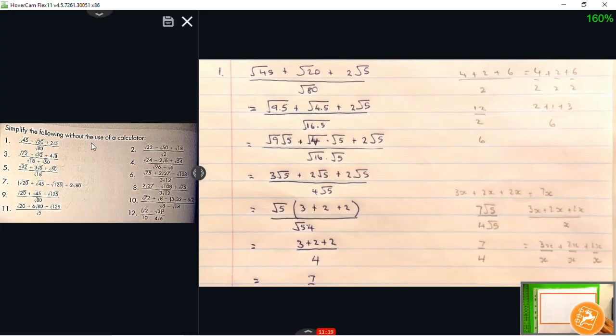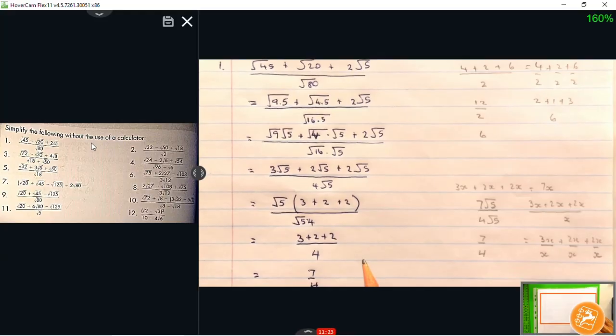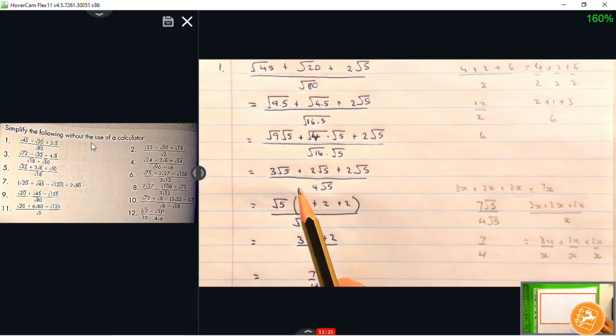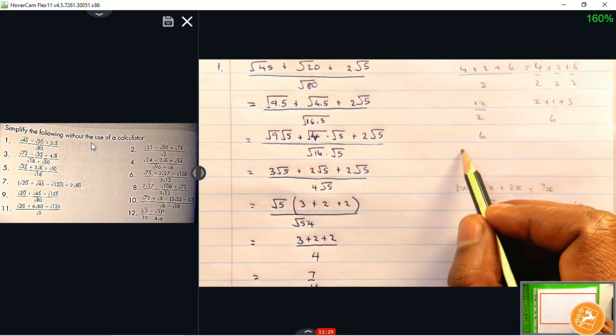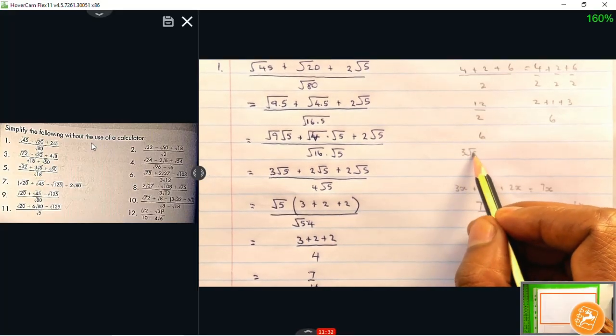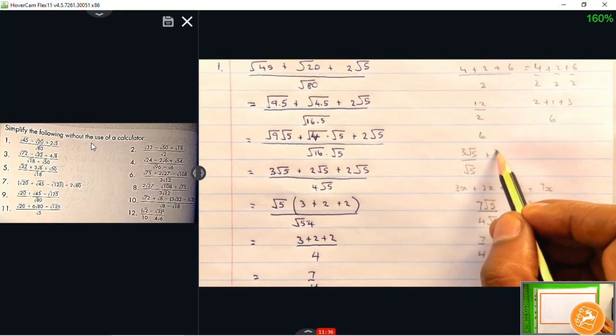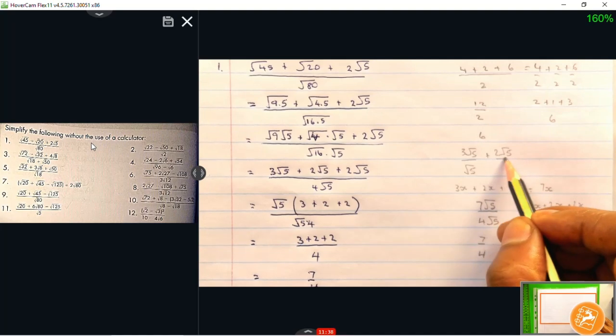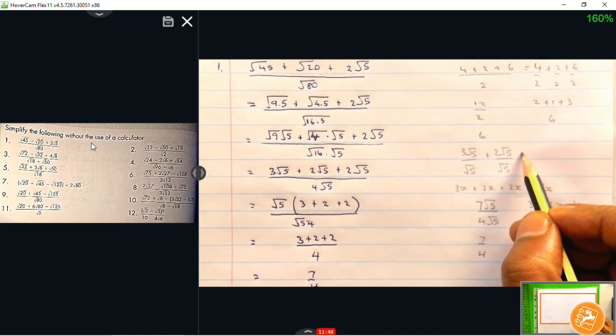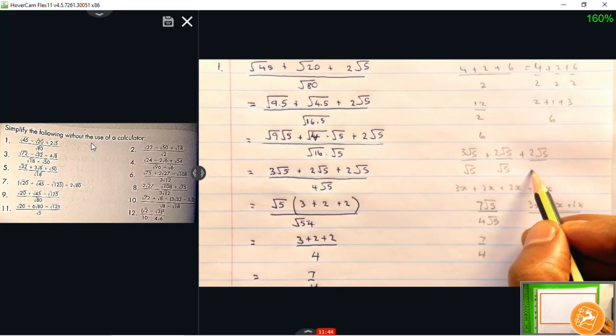Answer 6. You see, same thing. So even this one, when you get here, you can say, I have 3 root 5 divided by root 5, then 2 root 5 divided by root 5, then 2 root 5 divided by root 5.